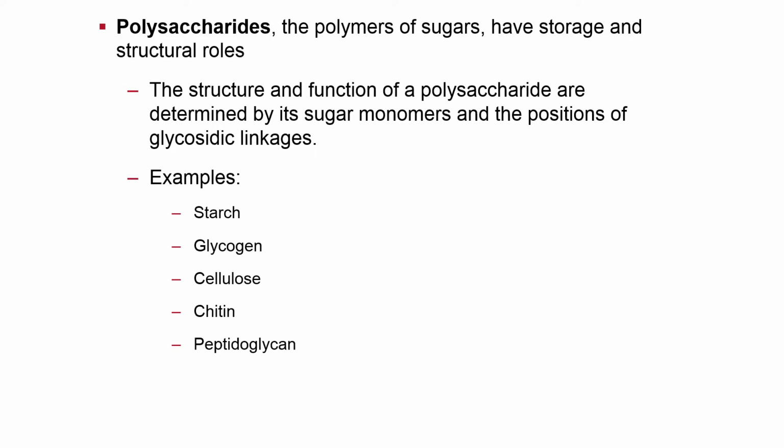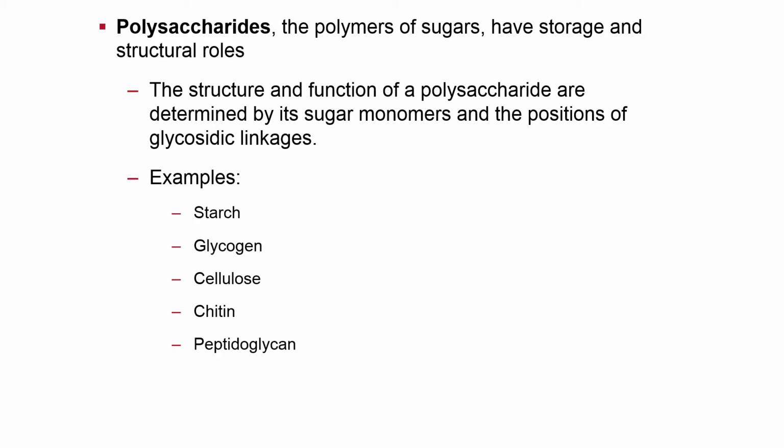Now, again, I'm going to tie in this idea of structure and function. The molecular structure, the arrangement, the order of these particular monosaccharides, the specific type of monosaccharide, how they're strung together, is tied in with the overall function of that polysaccharide.